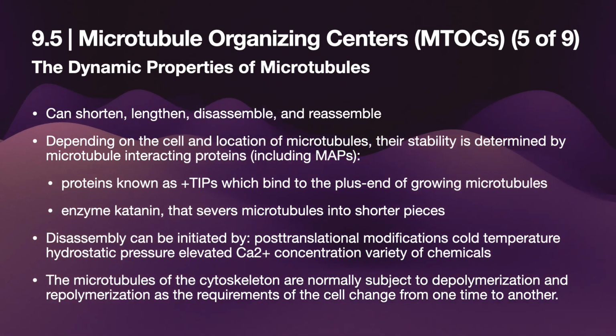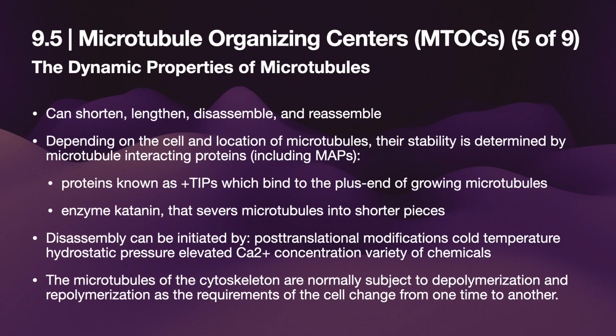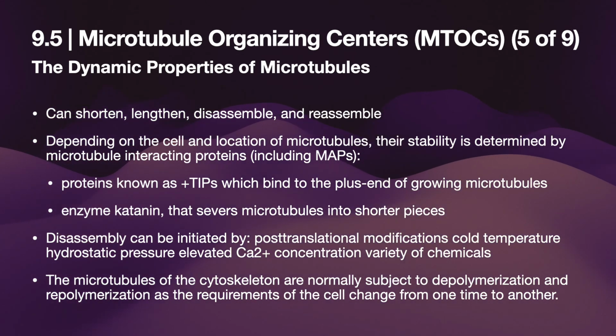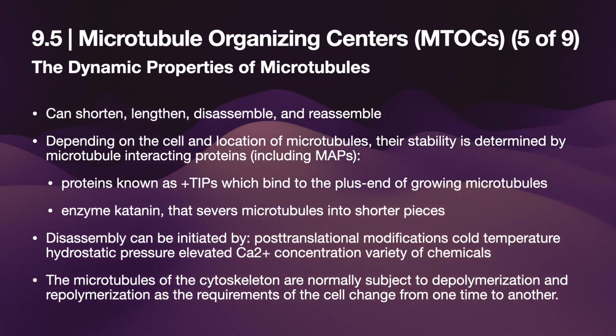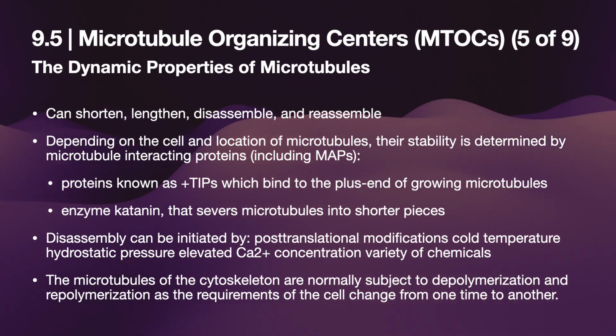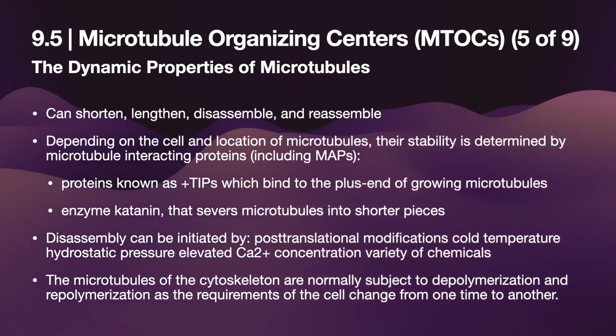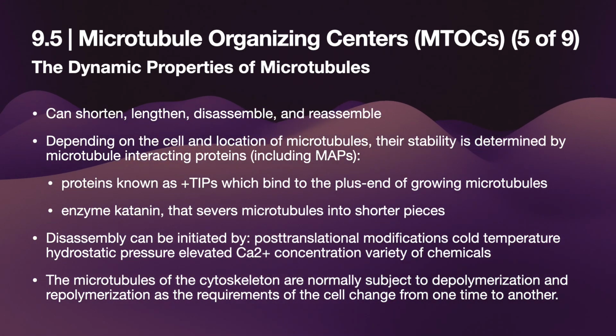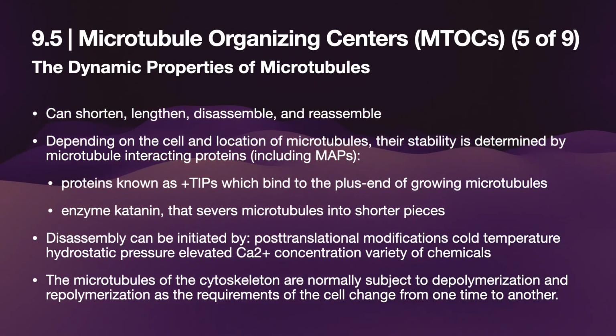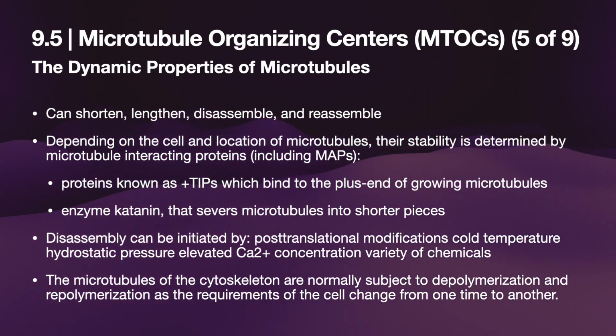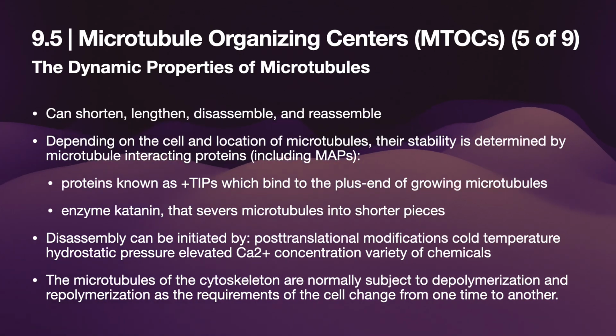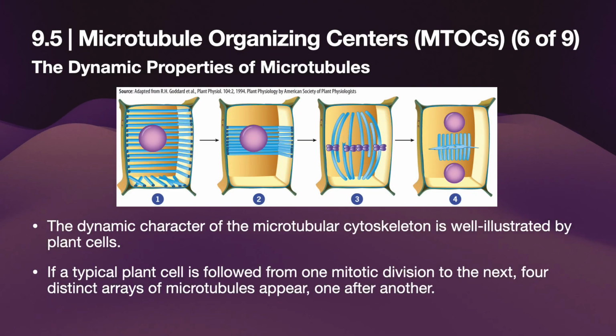Their disassembly can be initiated by temperature, hydrostatic pressure, elevated calcium concentration, and a lot of chemicals. The microtubules of the cytoskeleton are normally subjected to depolymerization and repolymerization as the requirements of the cell change from one time to another.